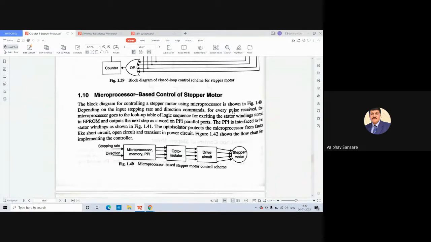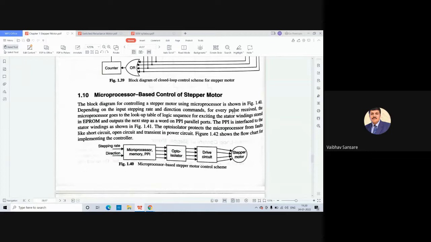Whenever we implement the microprocessor based control strategy, the stator winding is excited with the different phases, and this excitation is provided through different power electronics or power semiconductor devices.